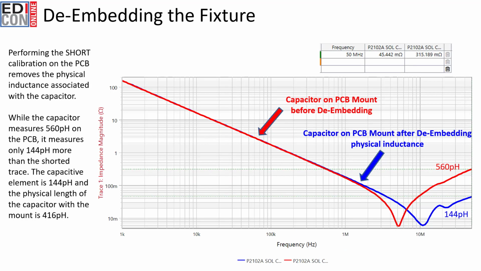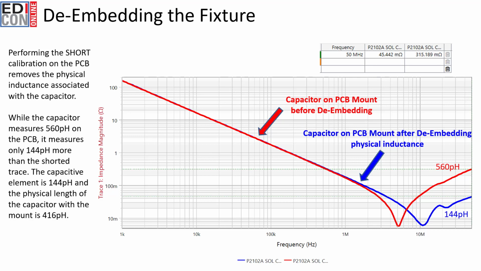So we can remove this inductance of the mount prior to the measurement by performing a fixture removal calibration. And in this case, we set the calibration inductance of the shorted PCB to 0. Here, the red trace shown is the same capacitor trace from the previous slide, where the blue trace is the capacitor on the same mount after de-embedding the physical path inductance.